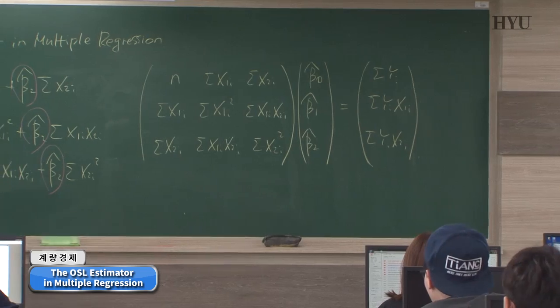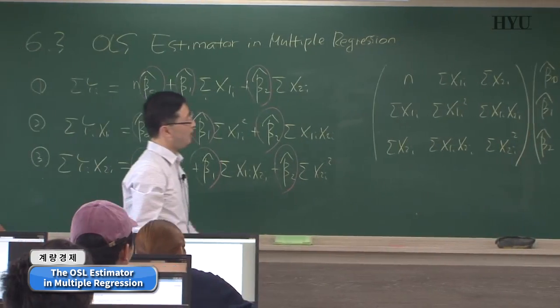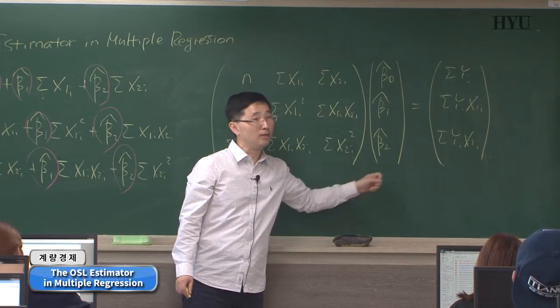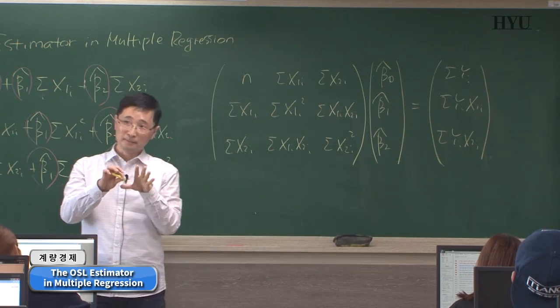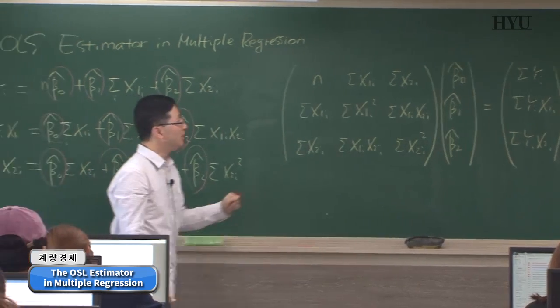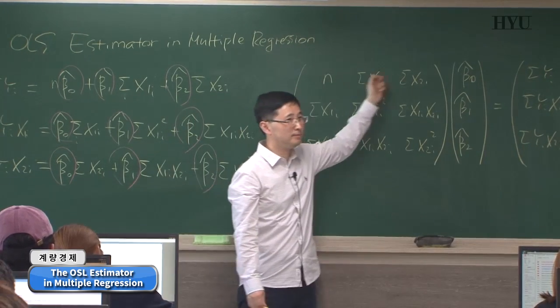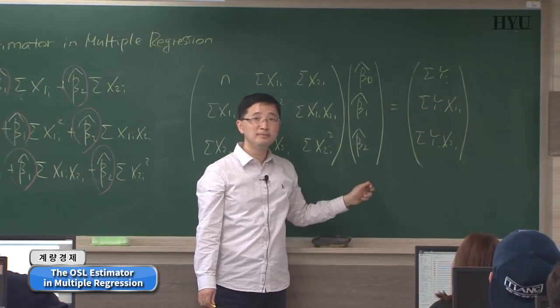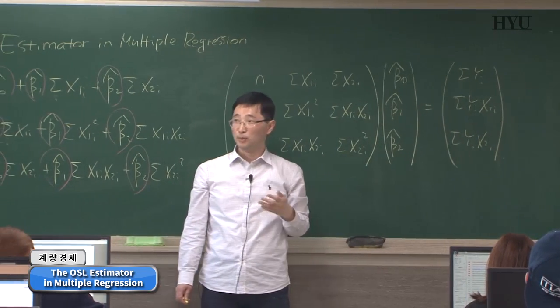Let me explain. We have a 3 by 3 matrix and a 3 by 1 vector. When I multiply them, this is the rule. I take a row in the matrix and a column and multiply them one by one.